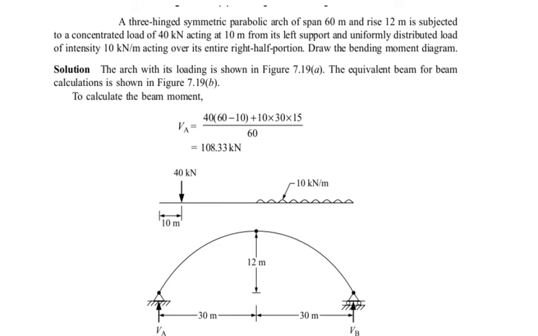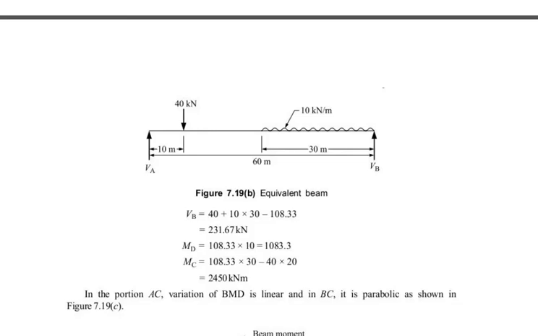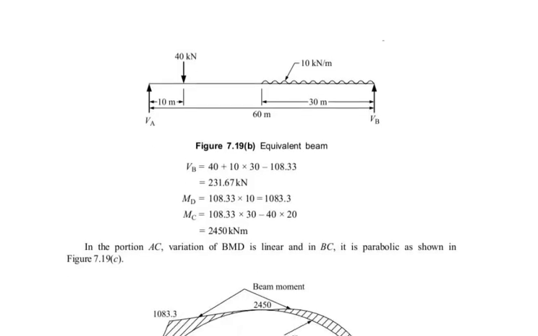So now for this arch we have to draw the bending moment diagram. So for that we have to first of all draw the equivalent beam for the arch. So the equivalent beam for this arch is nothing but the simply supported beam having the same loadings.